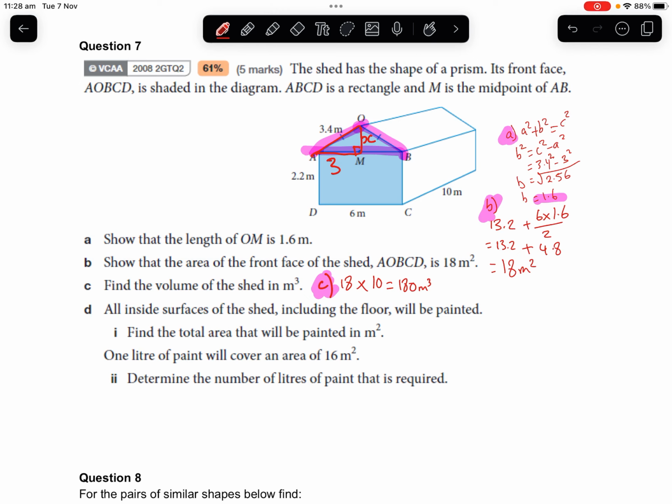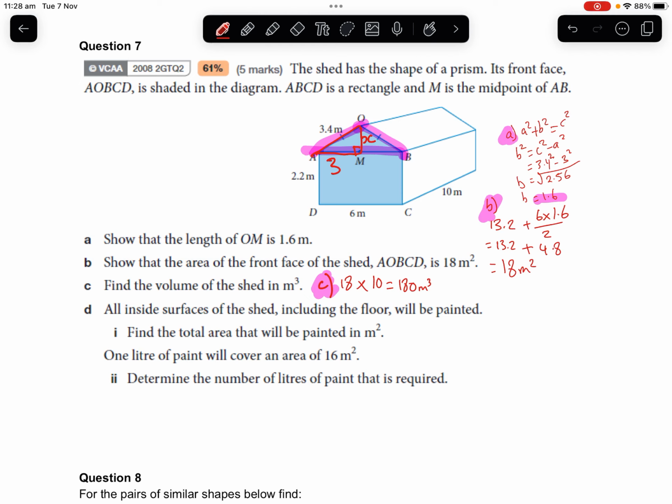Okay, D. All inside surfaces of the shed, including the floor, will be painted. Find the total area that will be painted in meters squared. So we need to find the total surface area of the shed. To do that, we find the area of each individual shape and add them together.